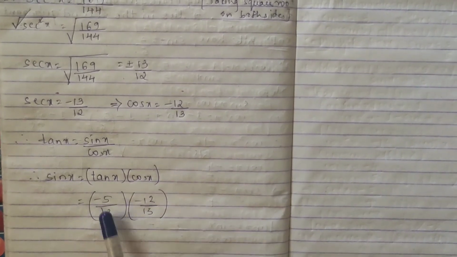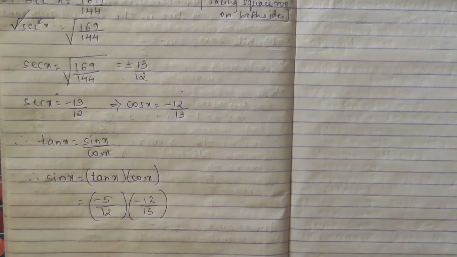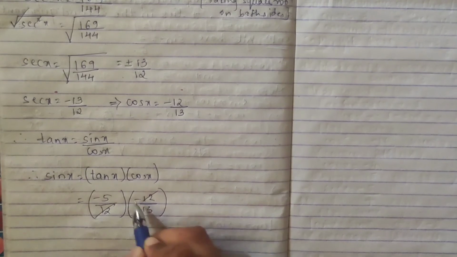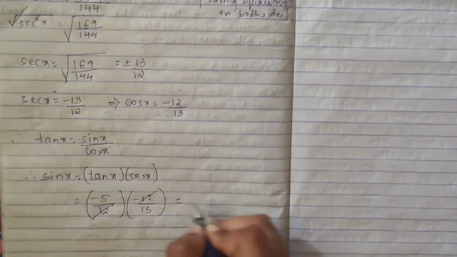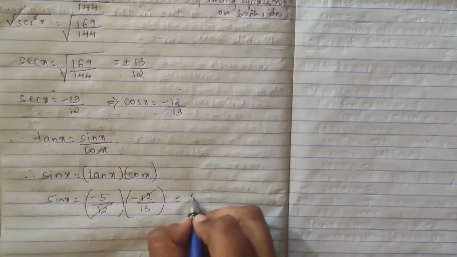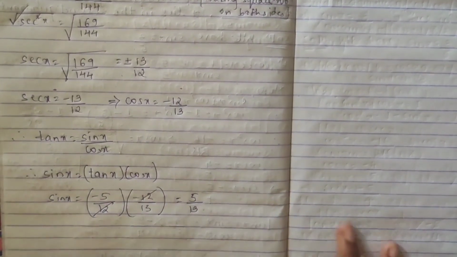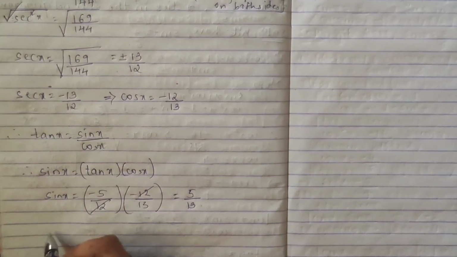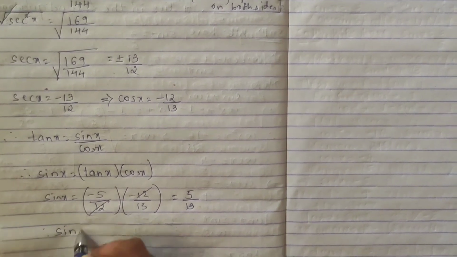So put the values. Tan x value is minus 5 by 12, cos x is minus 12 by 13, the 12s get cancelled, minus minus becomes plus. So in short, sin x is equal to 5 by 13.